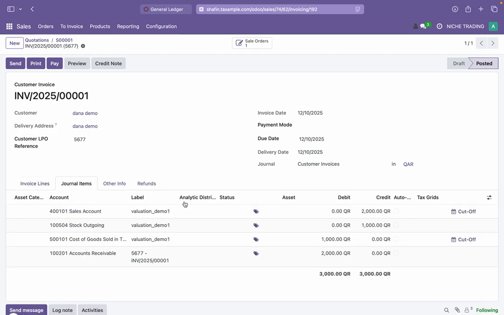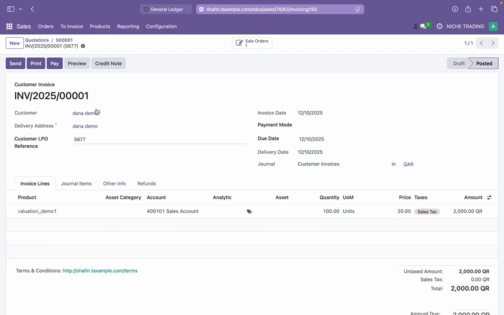For 100 units the purchase price was 10, so that's why 1000 is going down for stock outgoing and it gets nilled. So the cost of goods sold is hit by 1000 QR because only 100 items are being sold. That's why the actual purchase price of these 100 items is reported in COGS, and account receivable as well, because this will be received from the customer.